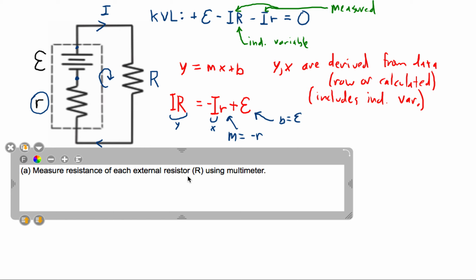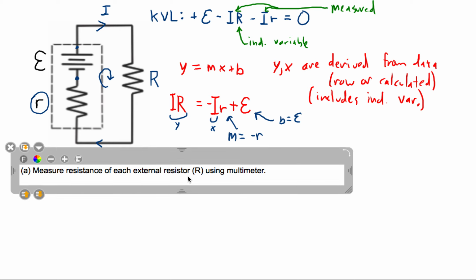And then also measure the current through the circuit with that resistor. Measure the current through the system using a multimeter.